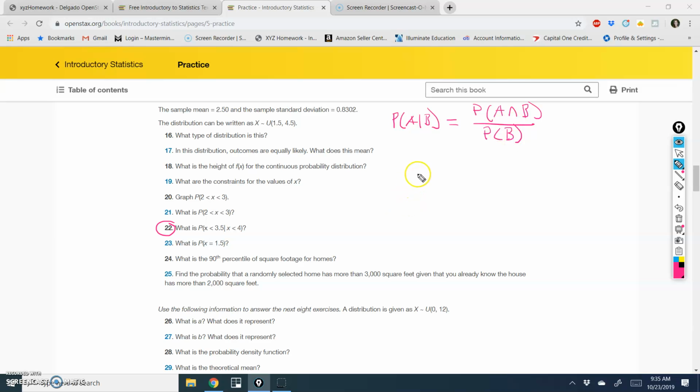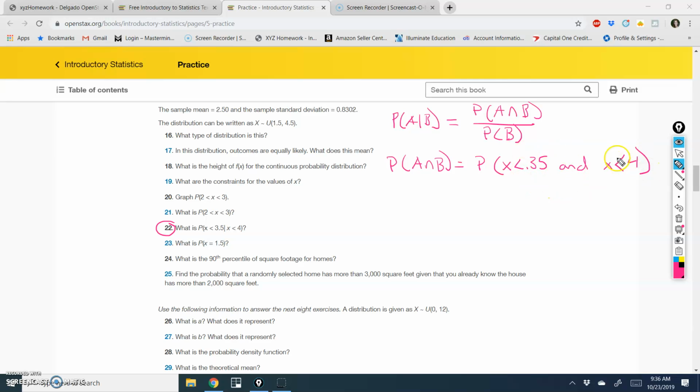There's our formula. Let's fill in our pieces. In the numerator, the probability of a and b is the probability that x is less than 3.5 and x is less than 4.